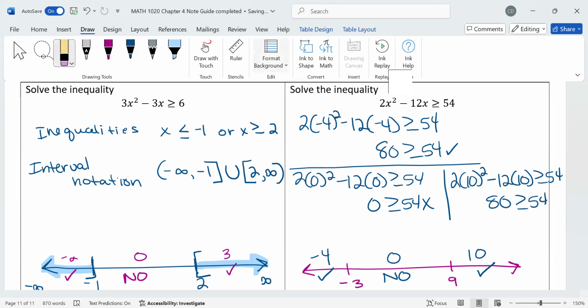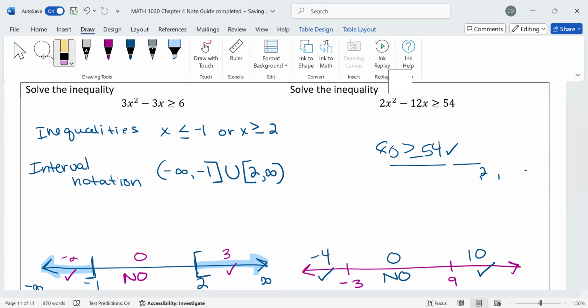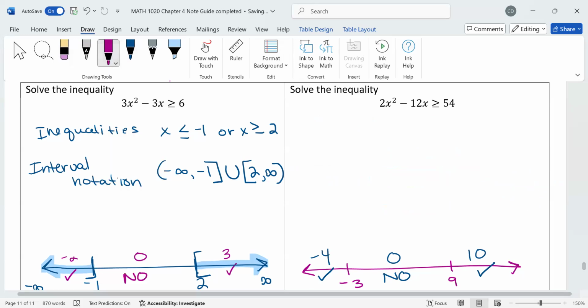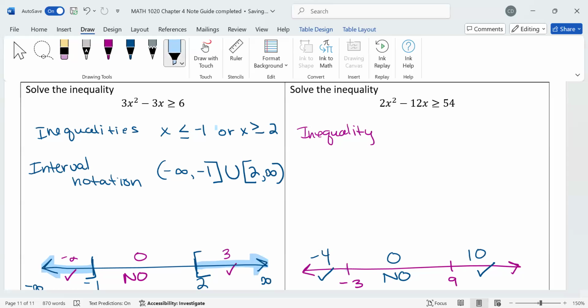I'm going to go ahead and erase this, so pause it if you need to. All right, so we do need to plug each one of these test points in. No, we did that already. Never mind. Sorry. All right, so if they ask for an inequality, we're good.